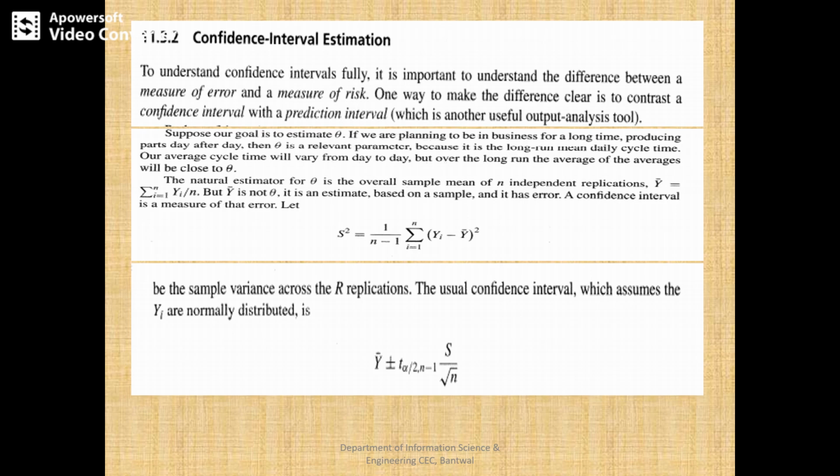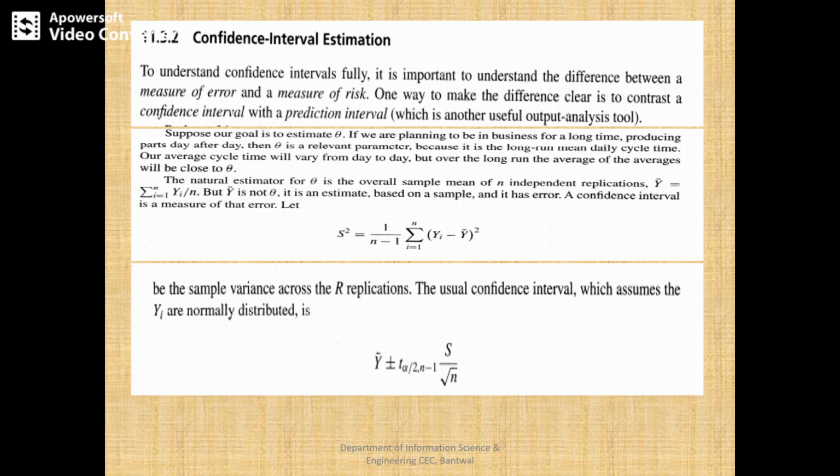We cannot know exactly how far Y bar is from theta, but the confidence interval attempts to bound that error.